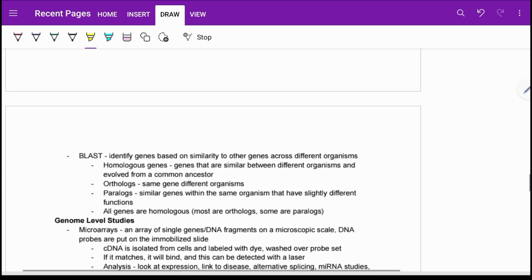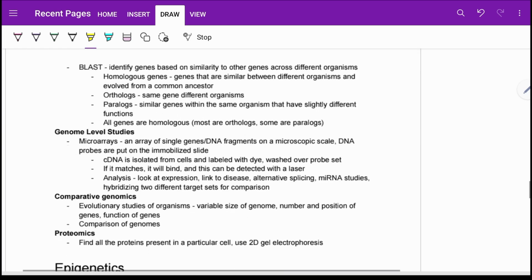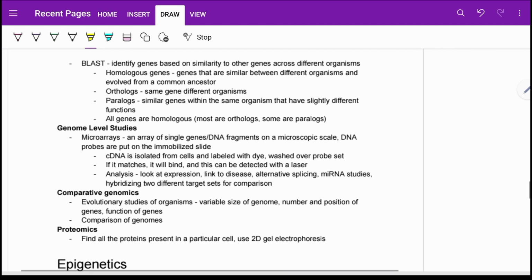We also have the tool called BLAST, which identifies genes based on their similarity to genes across different organisms. So this compares genes on the level of different organisms, and we can often find homologous genes, which are genes that are similar between different organisms and evolved from a common ancestor. We can also find organisms that have the exact same gene with the exact same function.